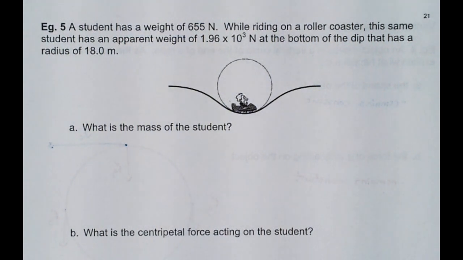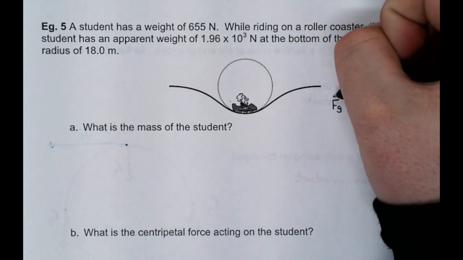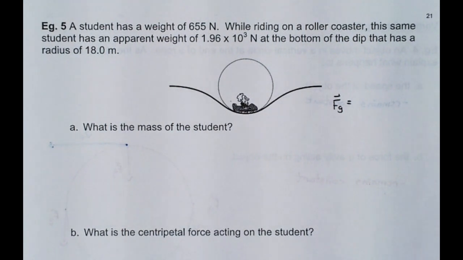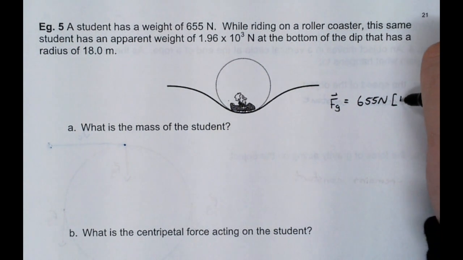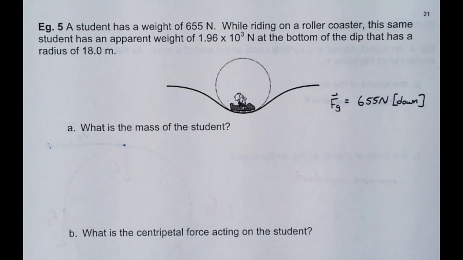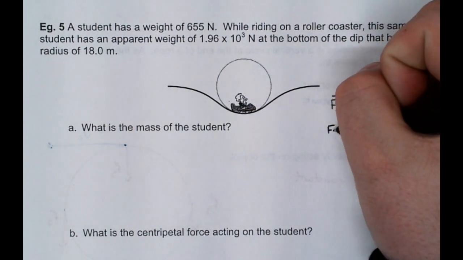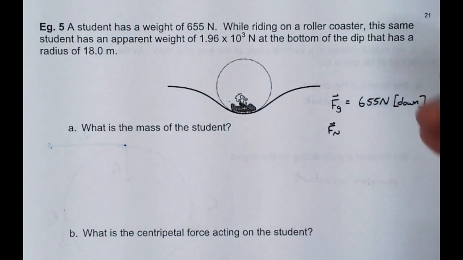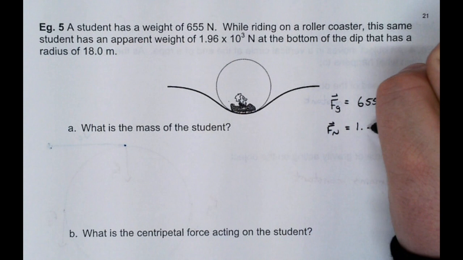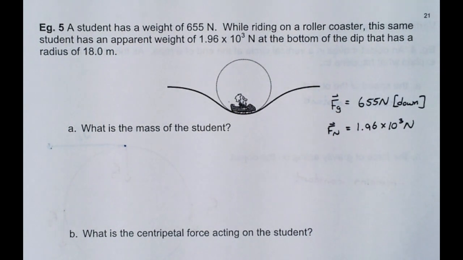Before I get to that question, I'm still going to write out everything that we're given, all of our information. So our force due to gravity, remember, is the weight. This student's weight is 655 newtons down. Gravity always acts down. His normal force, or his apparent weight, at the bottom of the roller coaster is going to be equal to 1.96 times 10 to the 3 newtons.